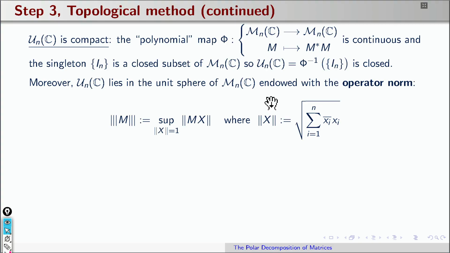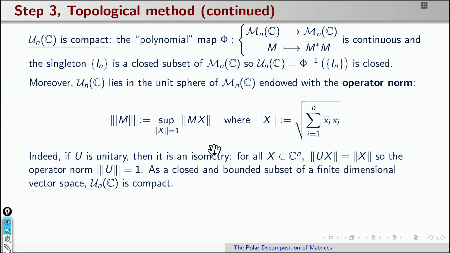Second argument, we show that it is bounded. When M is endowed with the operator norm, it just means you consider a matrix as a linear map and you look at the maximum on the unit sphere, or the closed unit ball, with the Euclidean norm for vectors. But we know that a unitary matrix is an isometry.